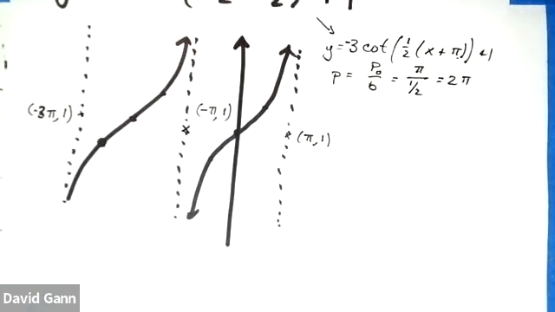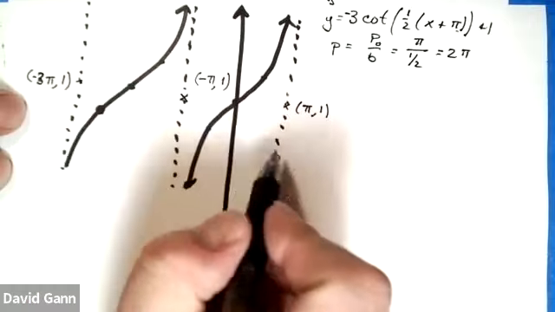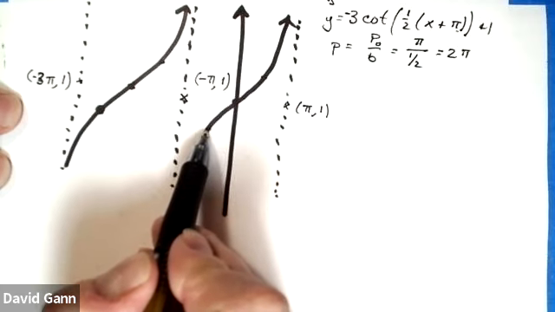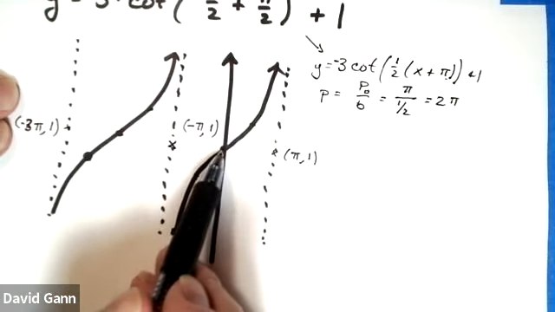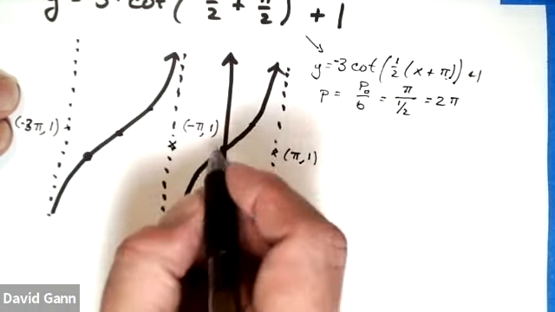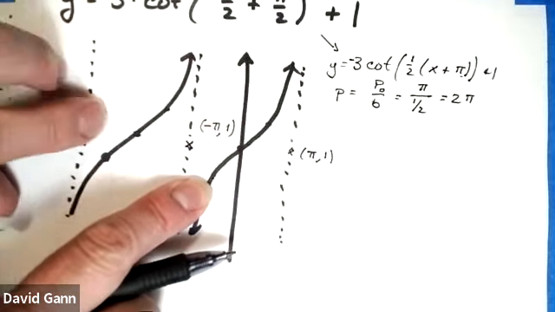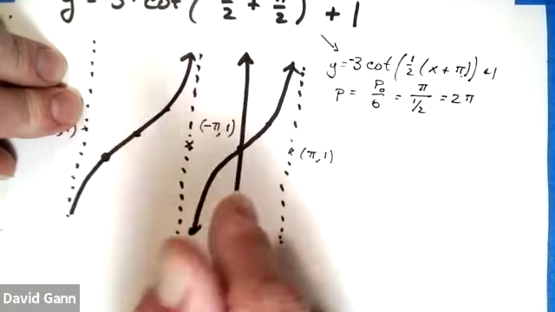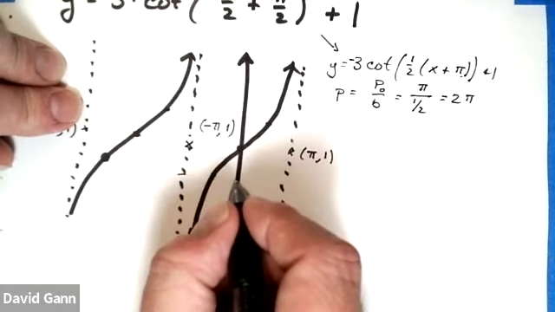Okay, so we could probably label a couple more points. It's not really critical what the x value is, but note that the y value of this quarter point is going to be whatever the y value is at the reflection point minus 3, because the distance between these two is 3. So if you subtract 3 from 1, you get negative 2.